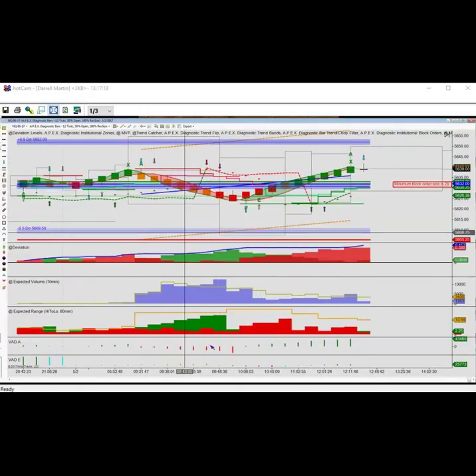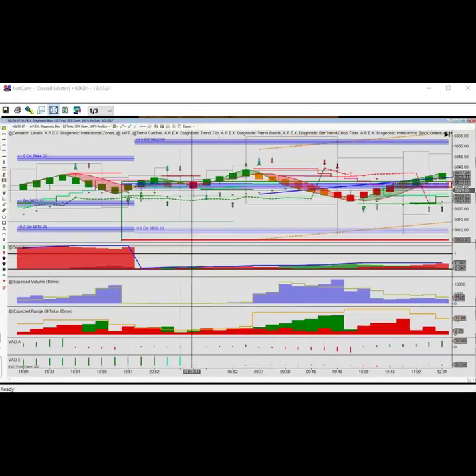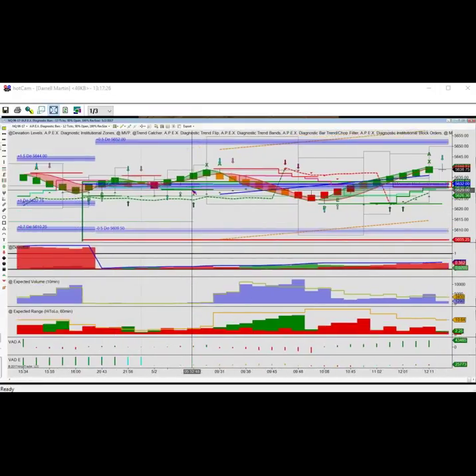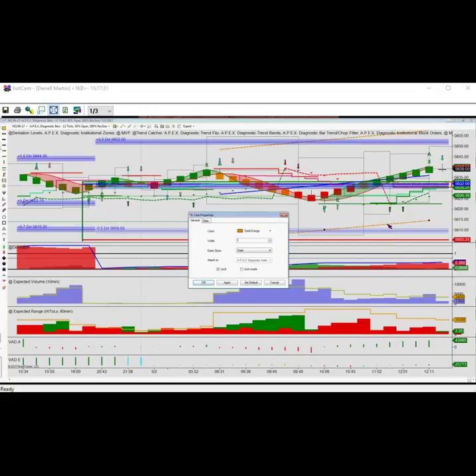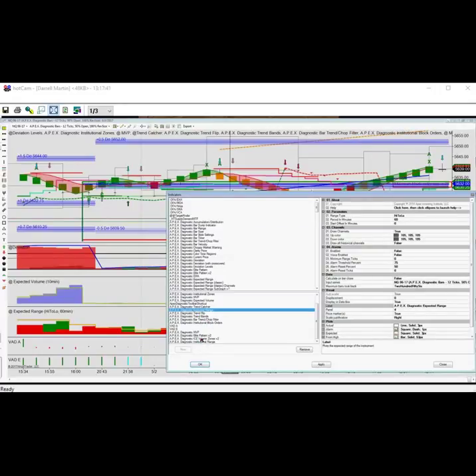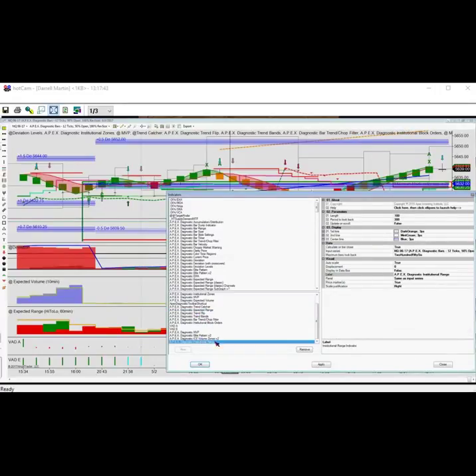So, these orange lines right here, okay, which are a deviation. Let's see if it has the scroll feature built in. And we can go into it. That won't let me go into it. I can go to the indicators. See if the scroll... turn that on.